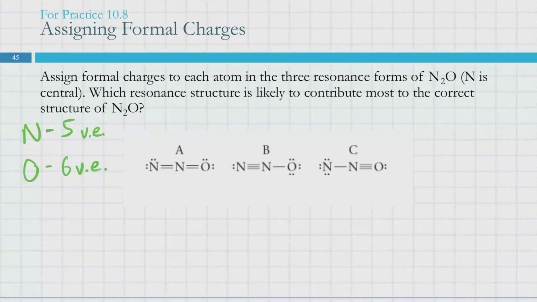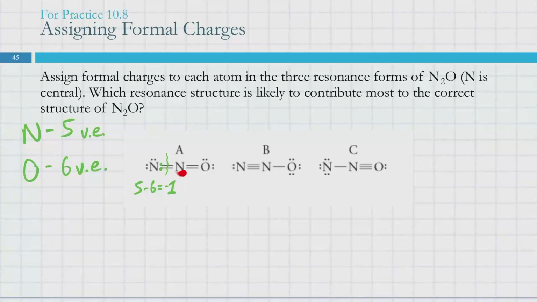So it's got 4 that are on it. It owns those 100%. Those are only for this left nitrogen. And then it gets half of this double bond. So it also gets these 2 if we cut the bond in half. And so it's got 6. So 5 minus 6, it's going to have a -1 formal charge.